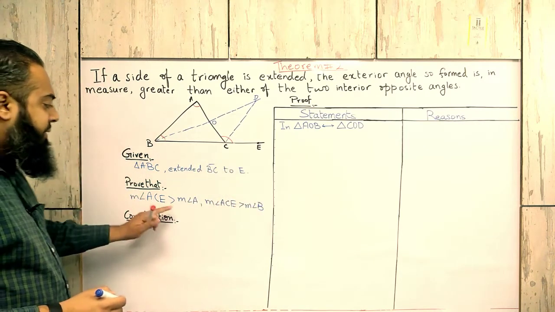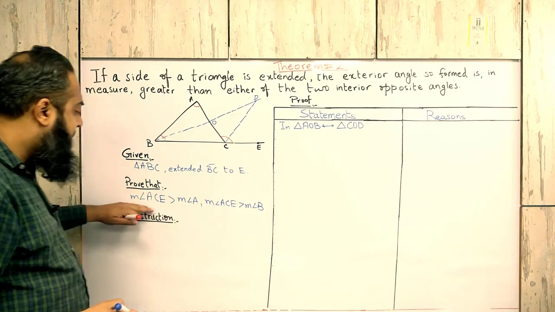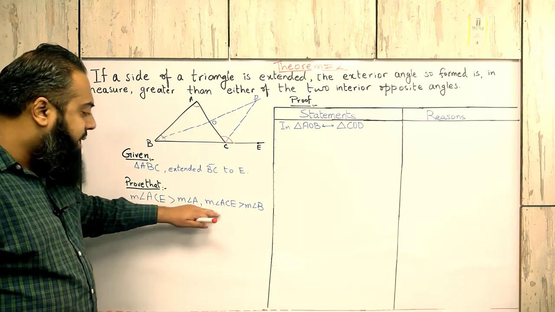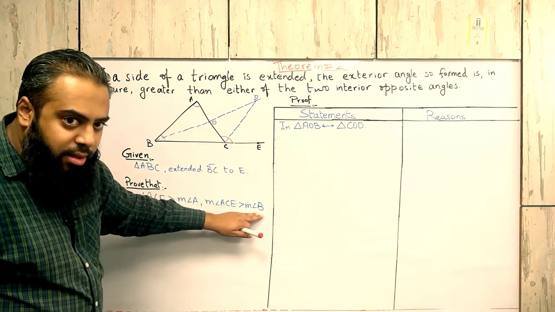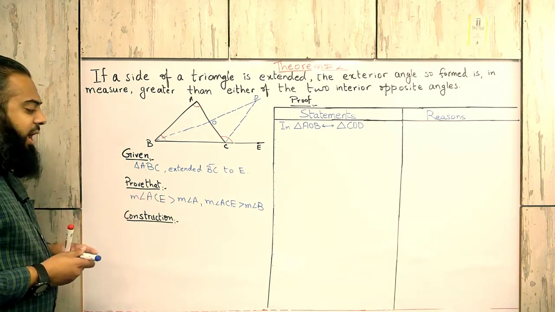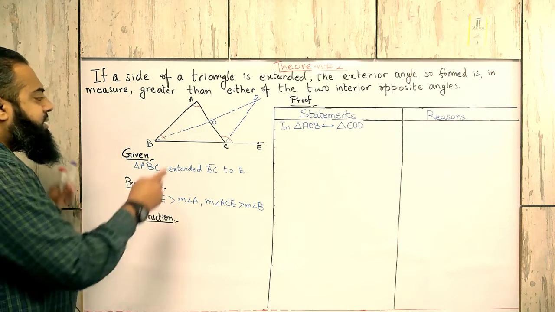Now individually, not combined, measure angle ACE should be greater than measure angle A, and measure angle ACE should be greater than measure angle B. That we have to prove. And now to prove that, we have a construction over here. What is that?